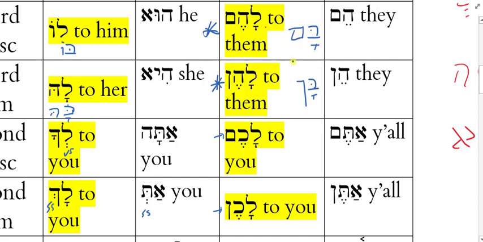Well, in bahem, the hay has been swallowed up, and the hay and the segol go away, and the kametz takes the lamed, or the bet slides over and takes the place of the hem, or the he. So bahem becomes bam, bahen, ban. All right? And then it would be bachem, bachen, and banu for in y'all and in us. Okay? So that's what we do with the bet preposition. We'll learn about how the kaf does this a little bit later in the book.